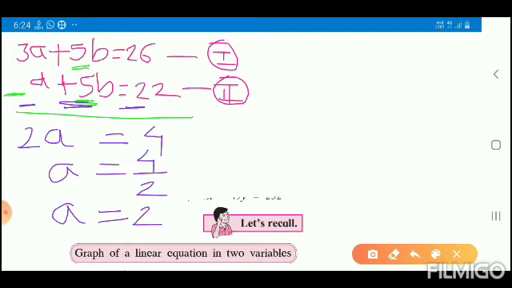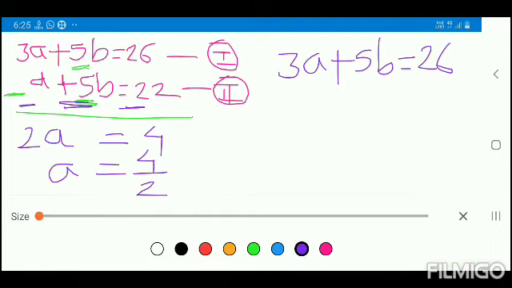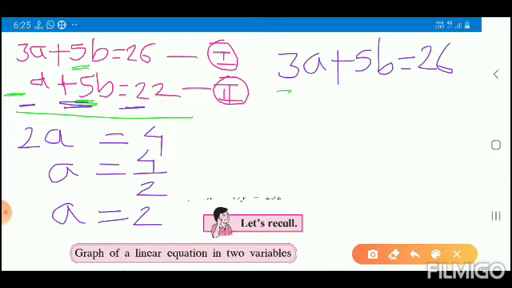Now put this value in any of these equations. I will put the value in the first equation. 3a plus 5b is equal to 26. Now 3 multiplied by 2 plus 5b is equal to 26.